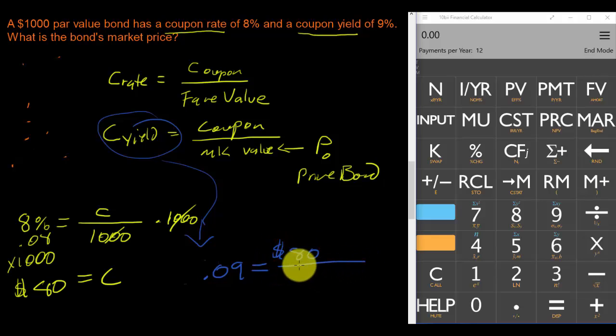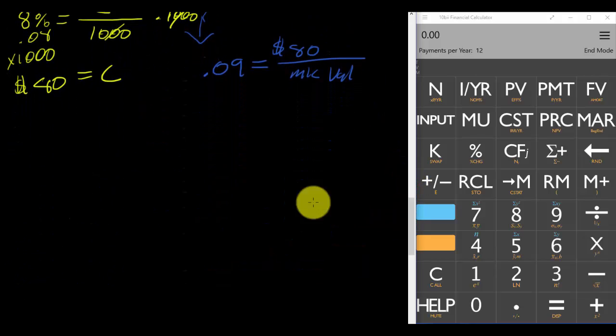I'm going to divide by market value. Do I know market value? I don't know market value, but market value, which is the price of the bond, is exactly what I'm looking for. What is the bond's market price? Okay, so now it's a lot easier. 0.09 is equal to 80 over the price of the bond, market value.